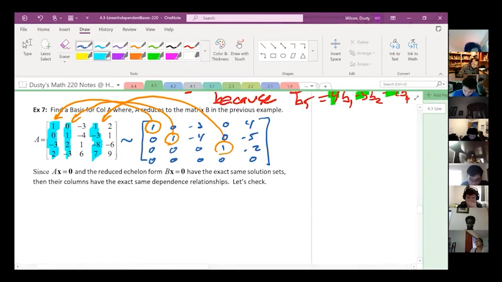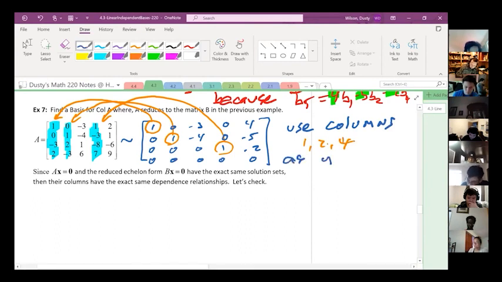Okay, so this orange stuff is telling us to use columns 1, 2, and 4 as a basis.